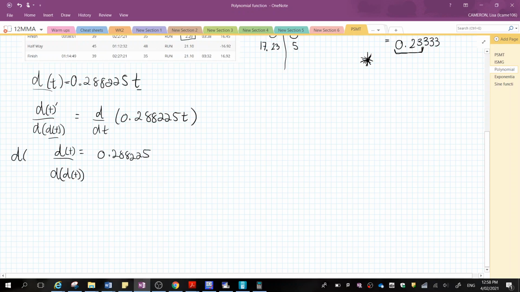Okay, you might just choose to write that as d, comma, t. What it's really telling me is because my function here is linear, it's going to have constant speed. It's going at the same speed the whole time.